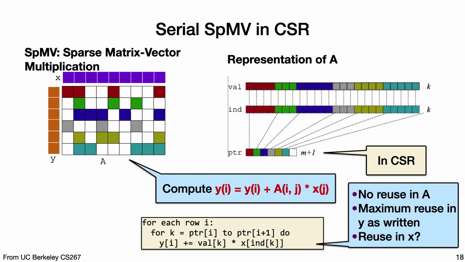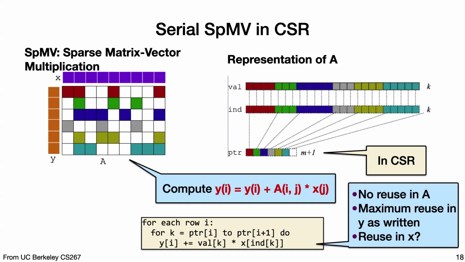So val[k] is pretty straightforward because k is just the index into this array. But this part is maybe slightly more complicated. Why is this x of index of k? Because index of k is the column ID. You have to read it from the index array, and then use the column ID to index into the vector x. So basically what's happening, just look at this top row.